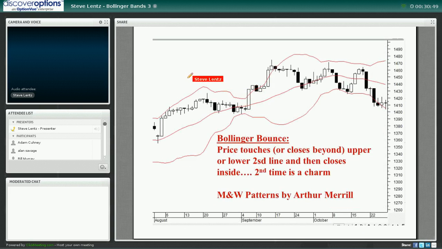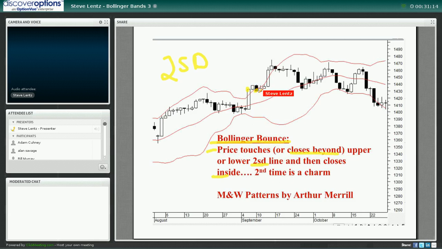And one trading signal comes off of the 2 standard deviation line, and it's called a Bollinger Bounce. You can certainly construct trading systems based upon this, and even options trading approaches, but it works like this. Price goes beyond the upper 2 standard deviation line and then closes inside like this one.